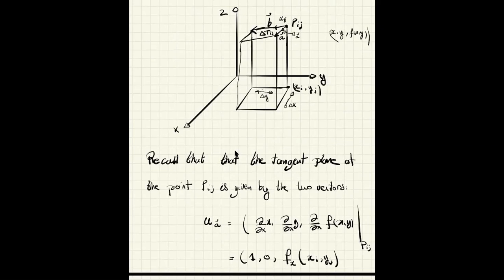If you start from Pij and you define the plane with these two vectors, then that is the plane. But we're not looking for the plane, we're looking for the vector A. So what is the vector A? The vector A is the vector you obtain by subtracting the value of this point here on the plane minus the point Pij.